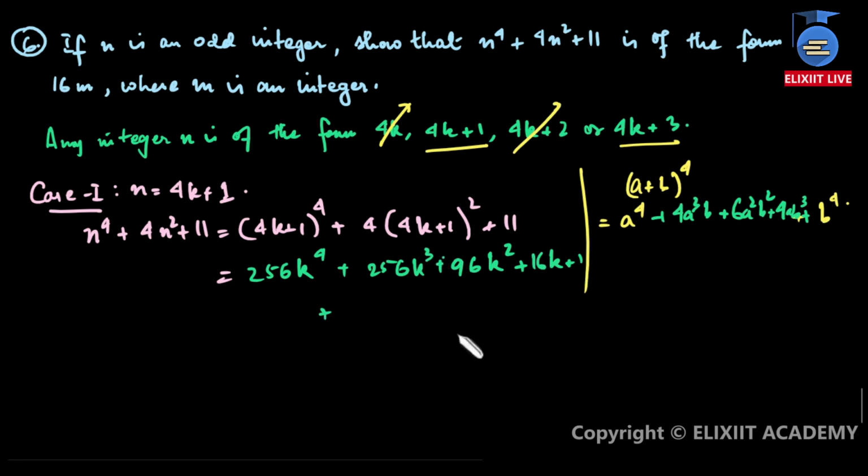And if you simplify 4 into (4k plus 1) whole square, that is basically 64k square plus 32k plus 4, plus 11. Now simplify.